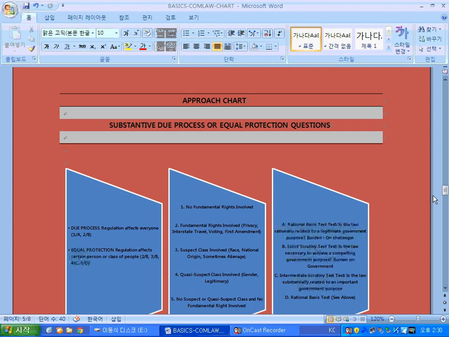In contrast, when we deliberate the equal protection issue, you have to know the regulation affects a certain person or class of people. And in due process, there would be no fundamental rights involved.